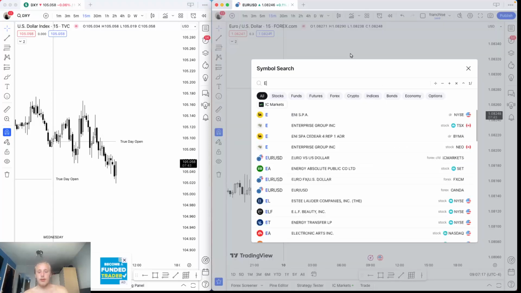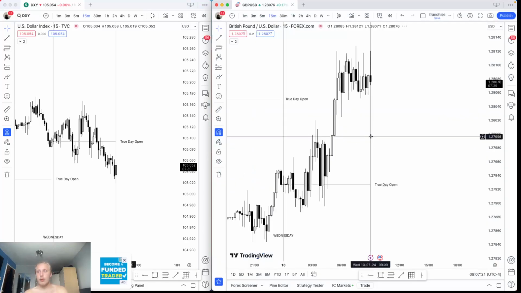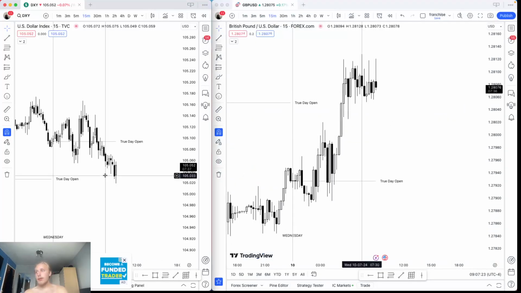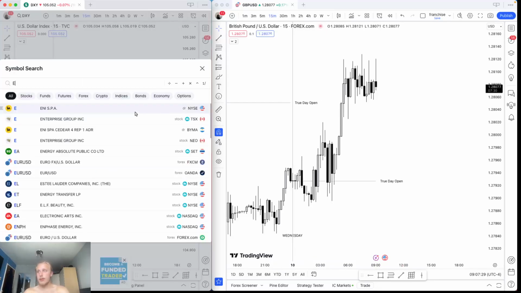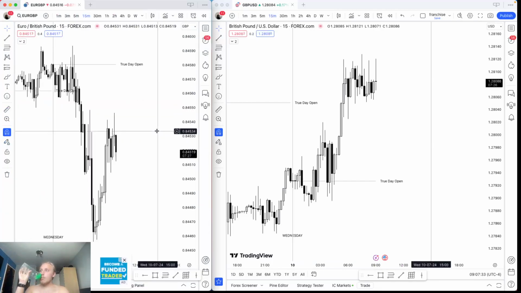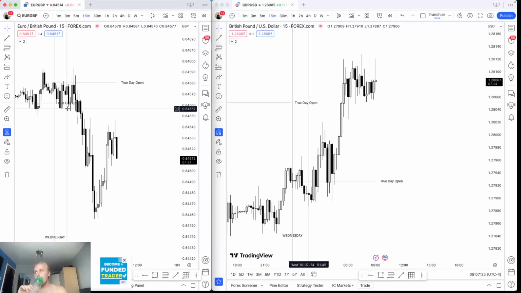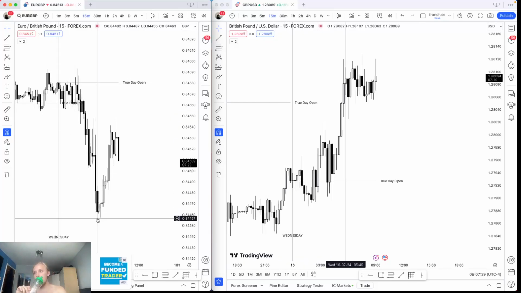So if you looked at GBP USD, it's stronger because we know the dollar's weak. It was an open high. So we can then look at Euro GBP and see the euro is weaker than the pound.